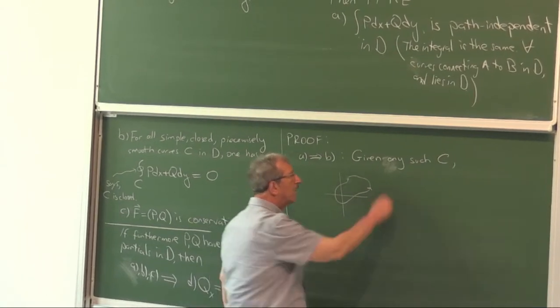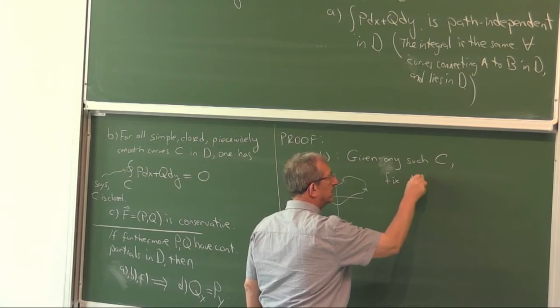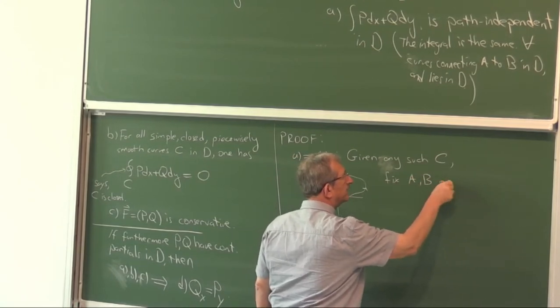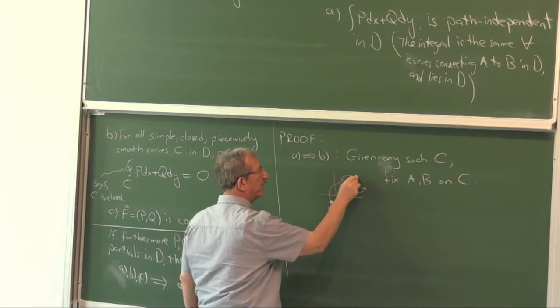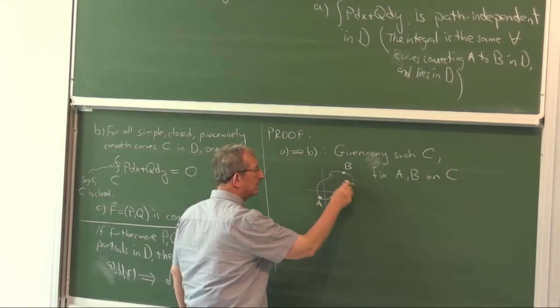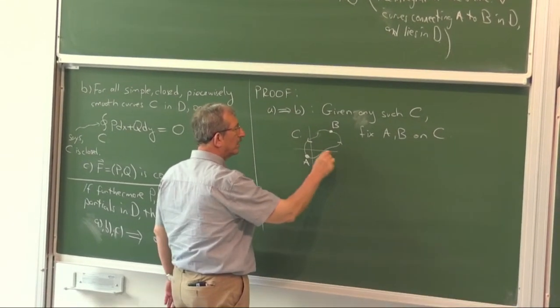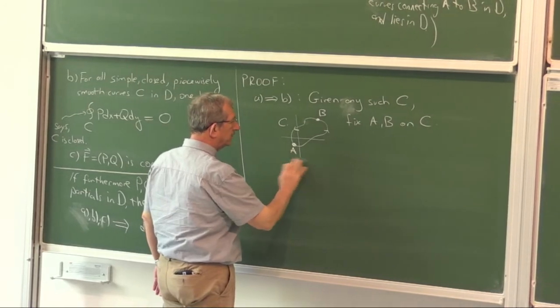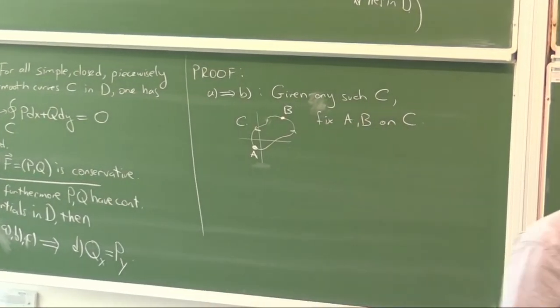Now fix 2 points, A and B, on C. So say you have here A, you have here B. Now, this totality is C. Call this part from A to B by a new name.